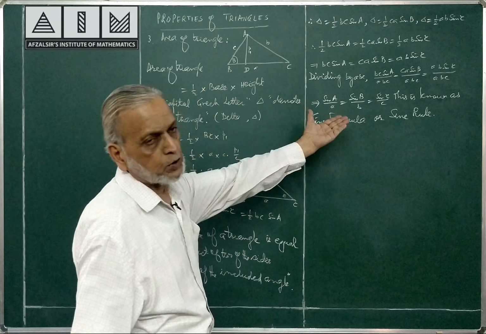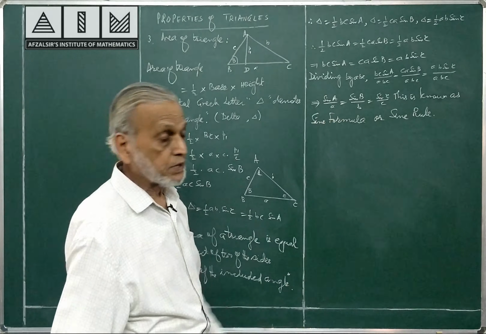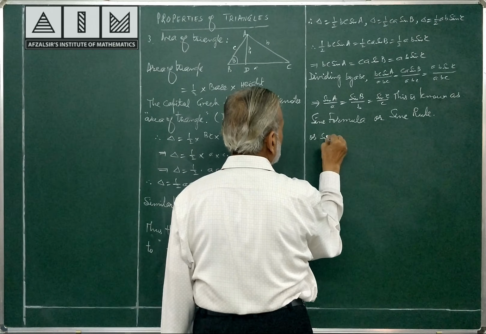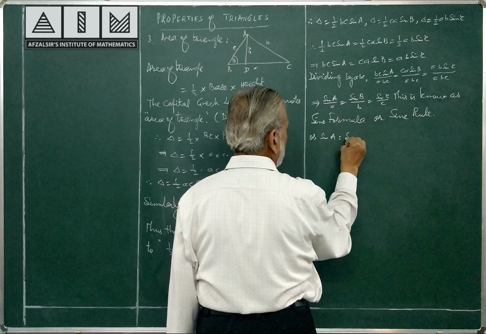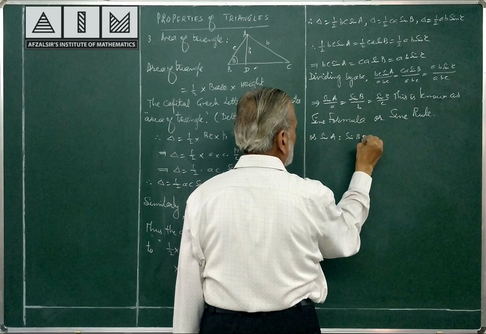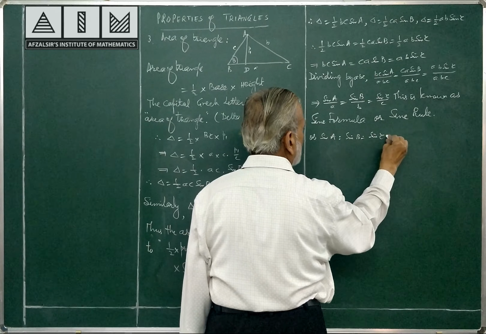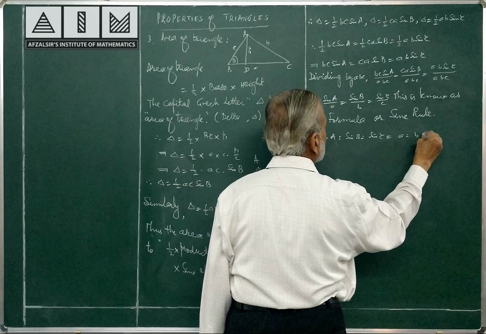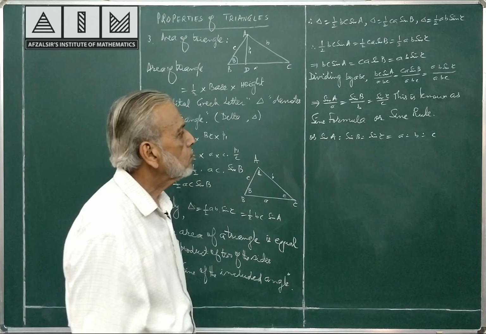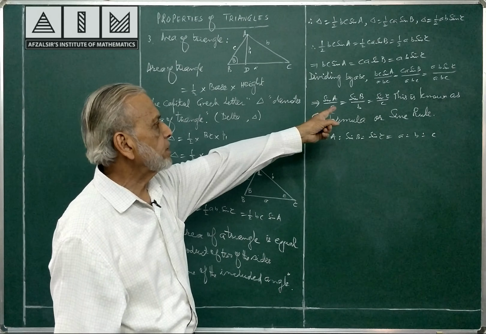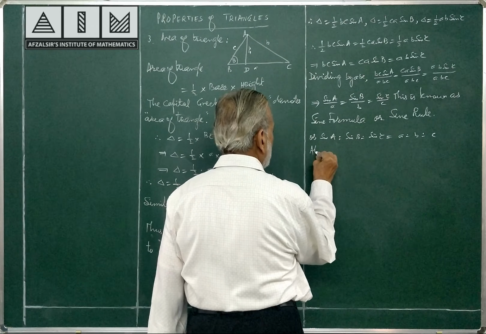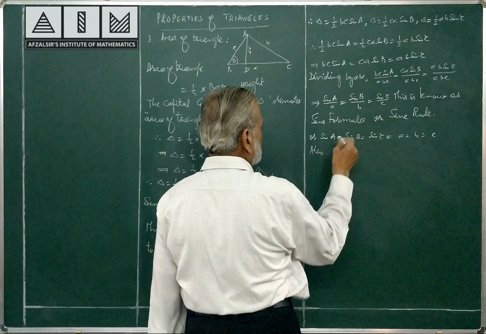Sin A by A is equal to sin B by B is equal to sin C by C, or please see carefully, sin A is to sin B is to sin C is equal to A is to B is to C. Also, please see the first two only.